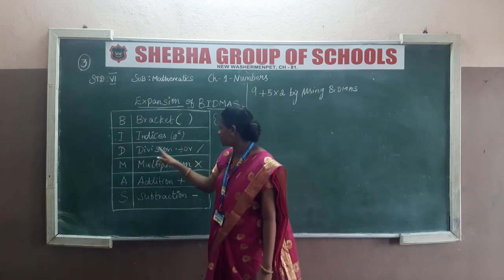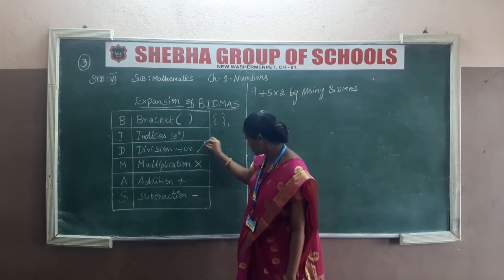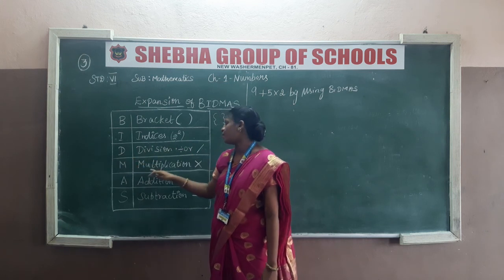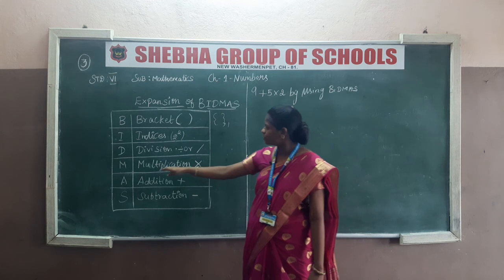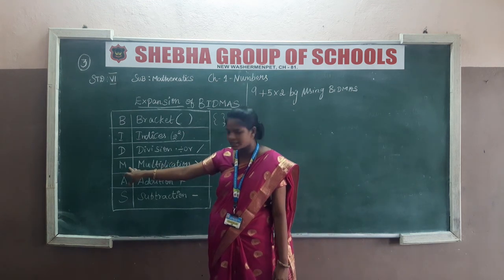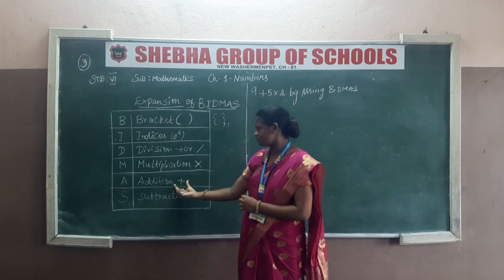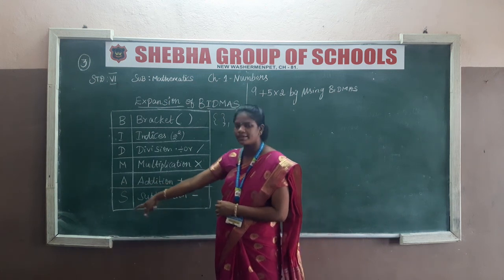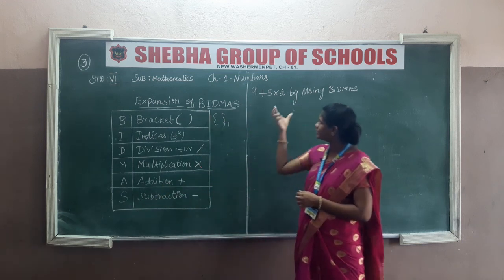Next, division. Division means dividing any numbers, and the slash is also a divide symbol. So division is denoted by D. Multiplication, you know, the symbol is cross. So multiplication is denoted by M. Then addition is denoted by A. Addition means plus. Subtraction is denoted by S. So we follow the BIDMAS method in the sum.